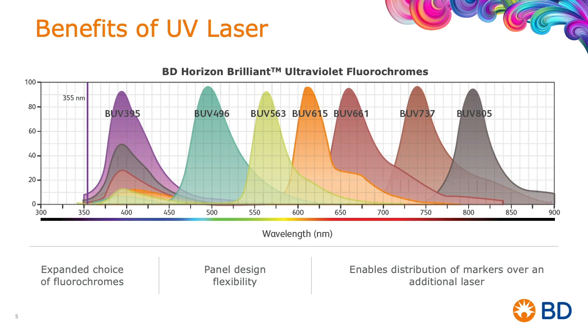And we now have 7 fluorochromes that can be detected and used on an instrument with a UV laser. These bring some benefits because they expand the choice of fluorochromes to provide panel design flexibility, but also enable, again, distribution of markers and fluorochromes over additional lasers. And these fluorochromes specifically have been developed to have minimal spillover across other fluorochromes as well.